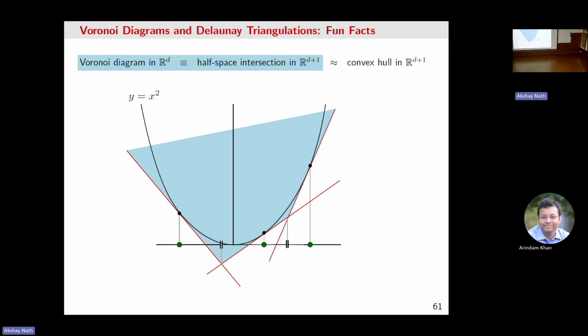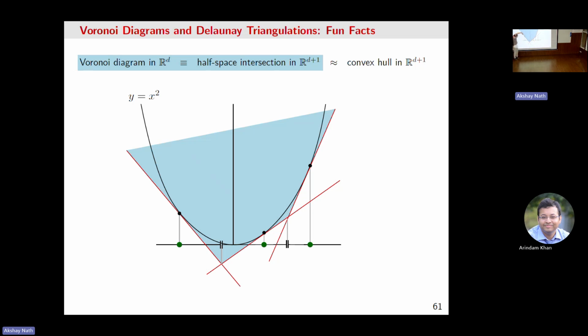Now if you do the following, you take the parabola y equals x squared. Each point I project onto this parabola. At the point where it touches, where the projection is, I take this tangent. So here I also took the tangent, and here I took the tangent.